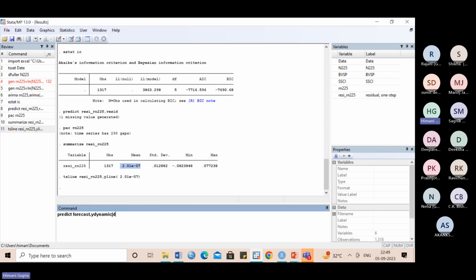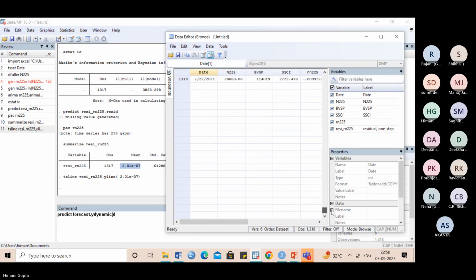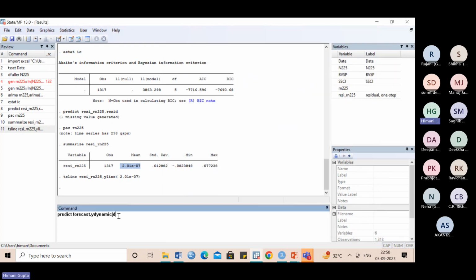Which is my last date? See, my last date is 25th May 2021. So I'm saying predict afterwards, from 26th May 2021.